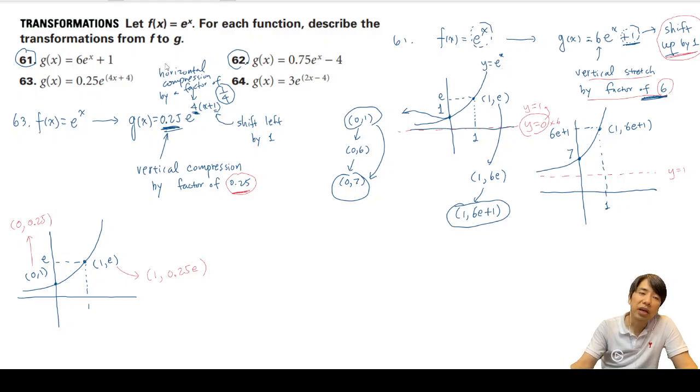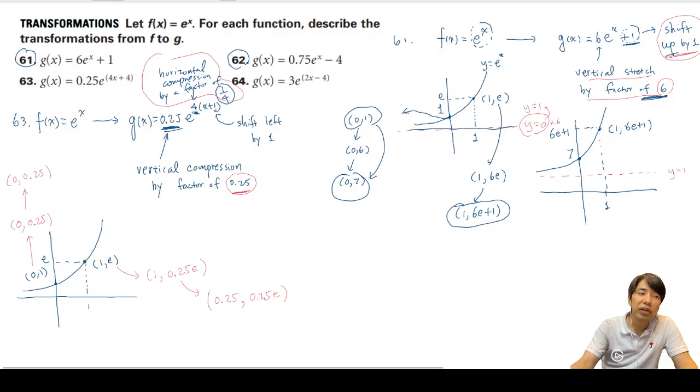We also have horizontal compression by a factor of 1 over 4. So let's apply that. That's a horizontal compression, so you have to multiply 1 over 4 to the x coordinates, okay? In this case, x is 0, so it does not change. It's still 0, comma, 0.25. This one becomes 1 over 4, which is 0.25. So that becomes 0.25, comma, 0.25e. So all the multiplications are done.